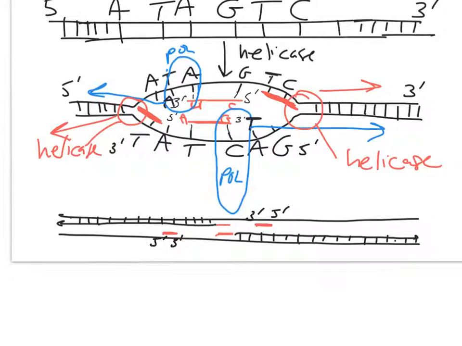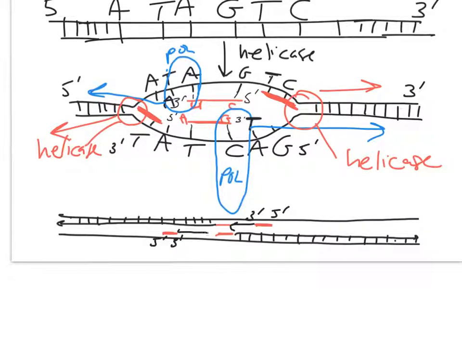So what can polymerase do now? It grabs onto the 3' end of the primer and does what? It does replication. But what happens when it gets here? It stops because it runs into the 5' end of the previously used primer. And the same is true here.